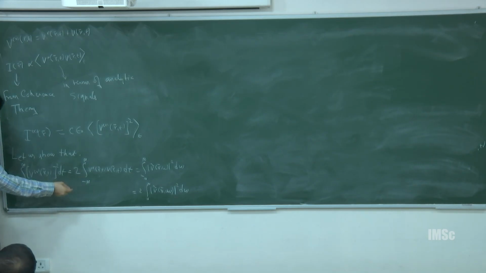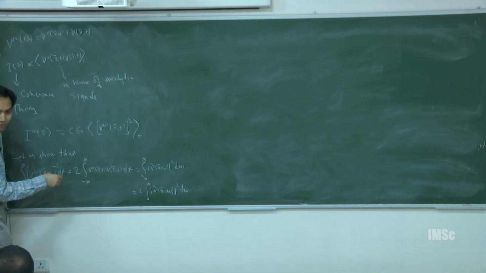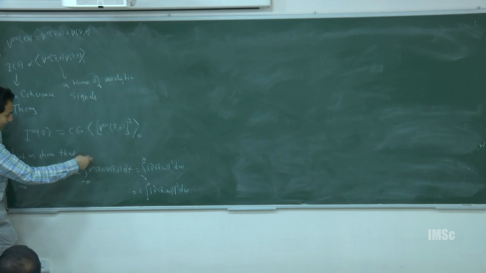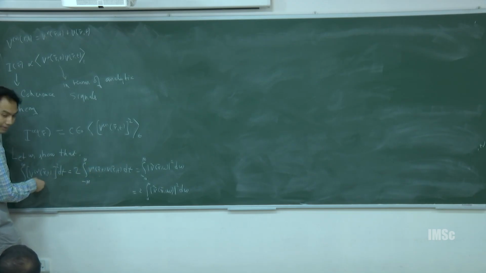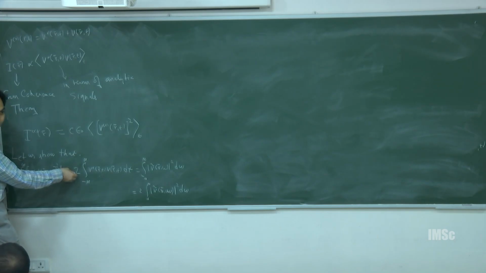We see this factor of 2 here. And of course, you can sort of see why this factor of 2 comes, because whenever you write down the complex analytic signal, you only consider half of the spectrum. So that's why when you relate the intensity calculated through the complex analytic signal to the real, physical intensity, this factor of 2 shows up.